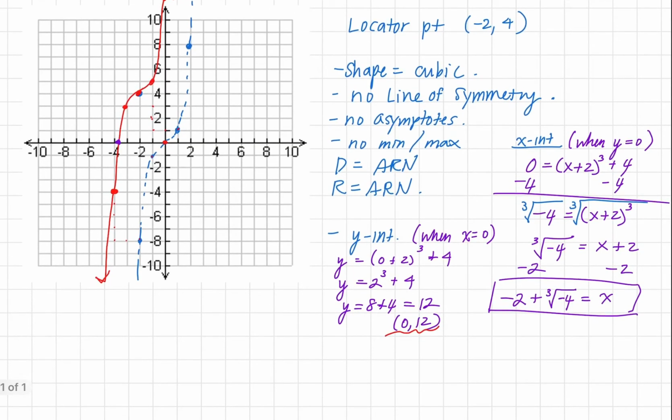Now, if you do really care, I'm going to suggest that rather than writing it as the cube root of negative 4 minus 2, I would prefer the way I wrote it originally. Because many times when students write a number after the root, it's hard to tell whether that number is under the root or not, right?